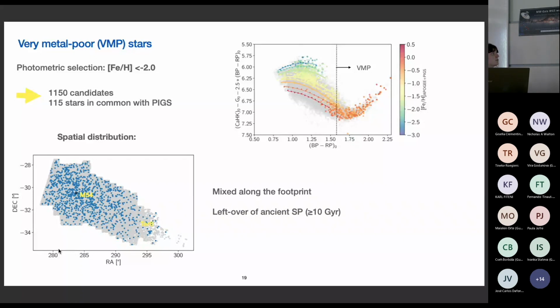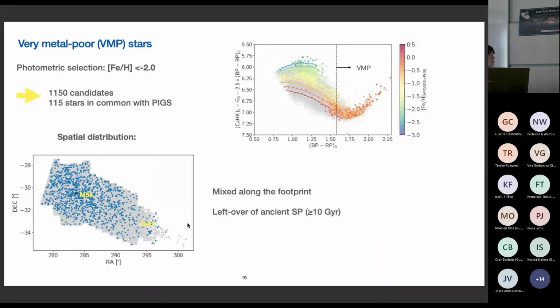We found them to be quite homogeneously mixed along the galaxy. Even if we can see a higher density around the nuclear cluster that Sagittarius hosts, M54, and we can see here a cluster of stars that correspond to the known cluster Terzan 8.